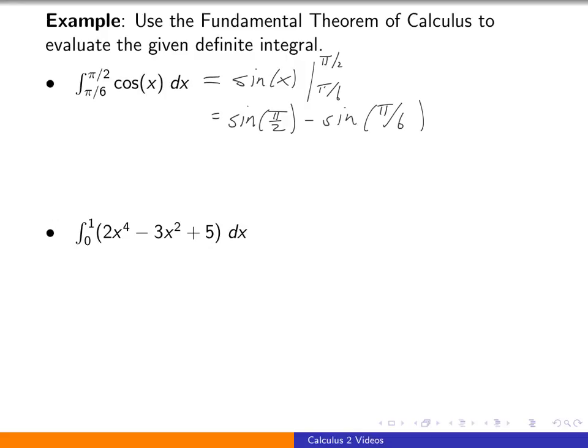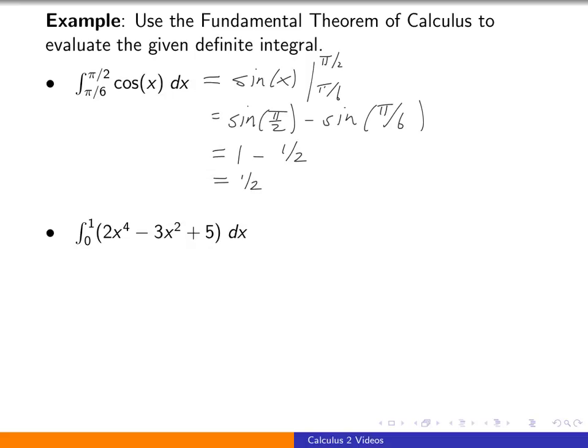And as mentioned previously, we should know the values of the trig functions at these common angles. So sine of pi over 2 is 1, sine of pi over 6 is 1/2, 1 minus 1/2 is 1/2. So as you practice more, this process should be becoming quicker and more efficient.